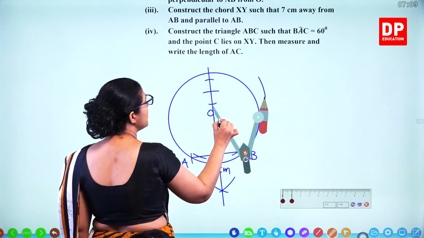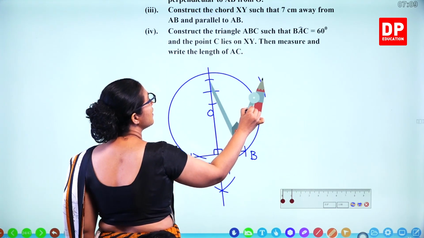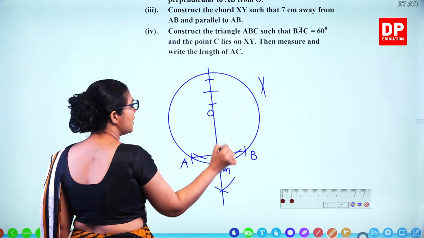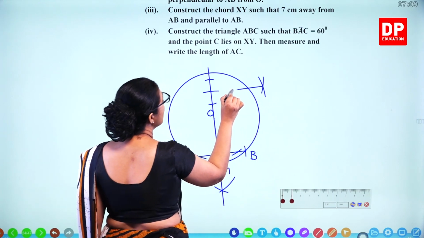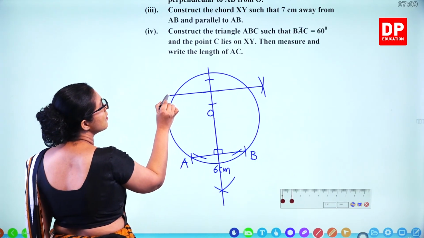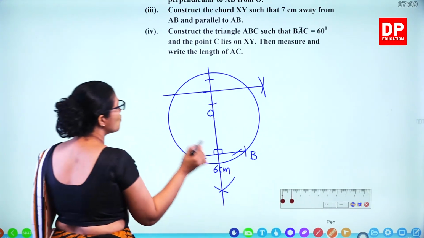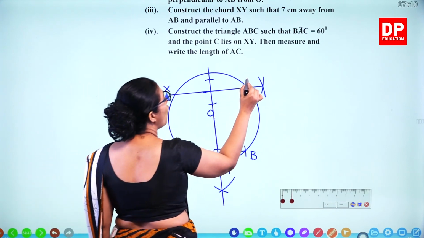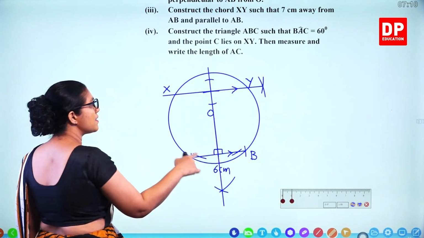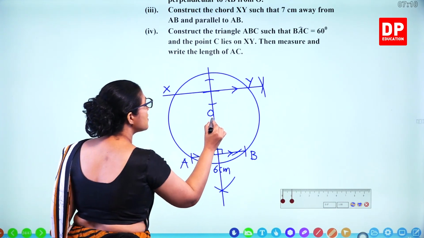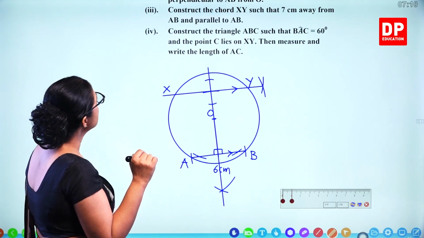Draw an arc here and another arc here. Now we have the intersecting points and we can connect them with the ruler. That's the XY chord. This is parallel to AB and 7 centimeters away from that. So this is the O point. So that's the third part.